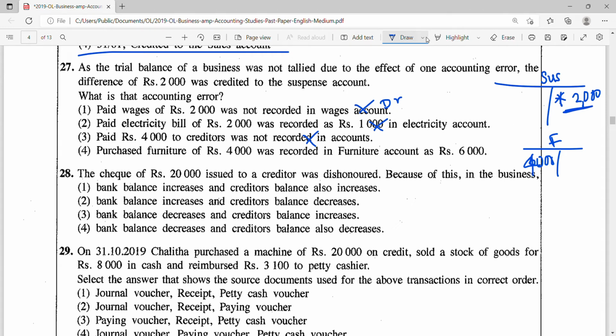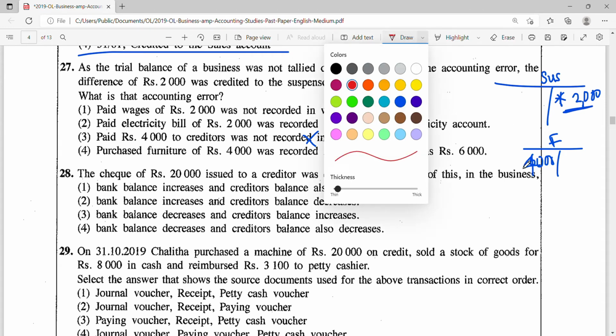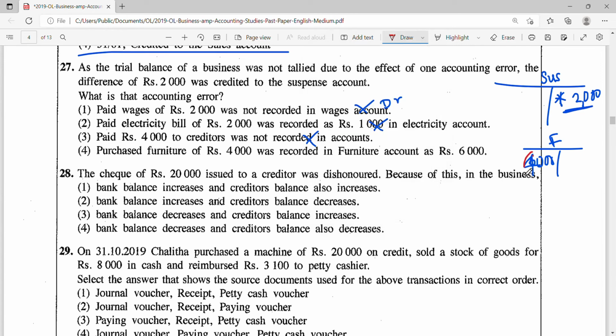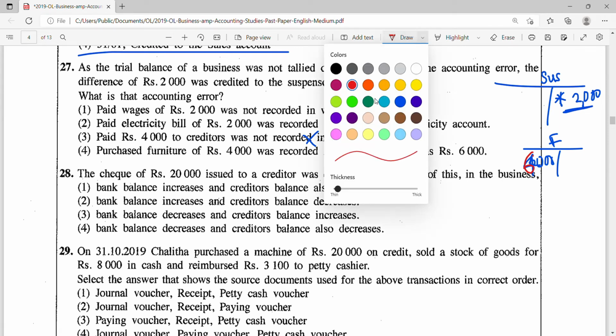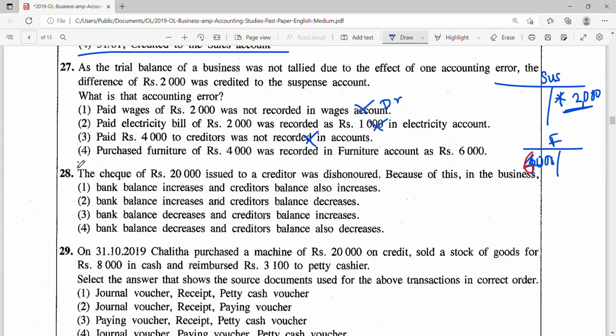But what have you done? You have debited it to 6,000, which means 2,000 more. So to remove this, you should ideally have a credit entry of 2,000 in the furniture account. So that's the credit entry which is missing. So for our question 27, the correct answer is answer 4.